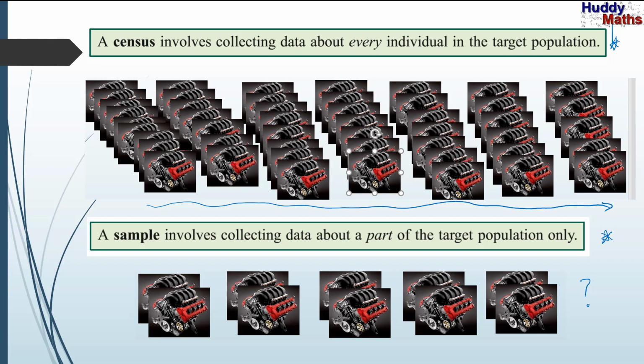So you're going to take a part of the population and make some conjecture. This is going to imply something about the whole population. This is actually an area of mathematics called inferential statistics. Inferential. You're making some inferences about the whole population based on a sample. All right.